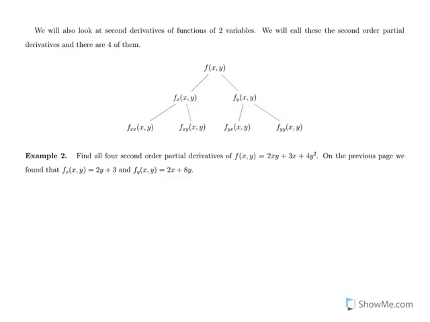So here, if we start with our function and we take the derivative with respect to x, we get f sub x of xy. If we take the derivative with respect to x again, we get f sub x x of xy. So that's the same thing as this function taking the derivative with respect to x.